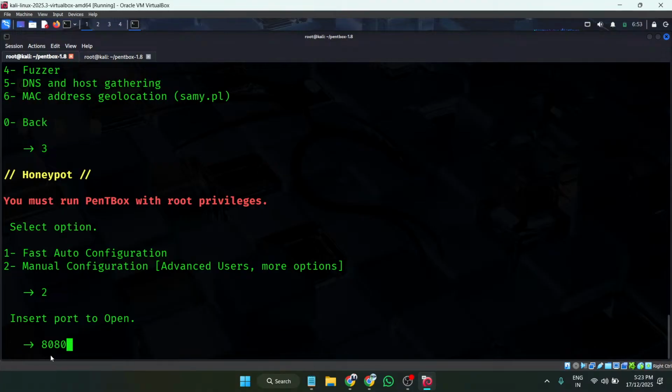Hello, Bhagya. Welcome back to the channel. What are we doing? We are talking about honeypots. After the firewalls we have completed, there is another thing, honeypots.